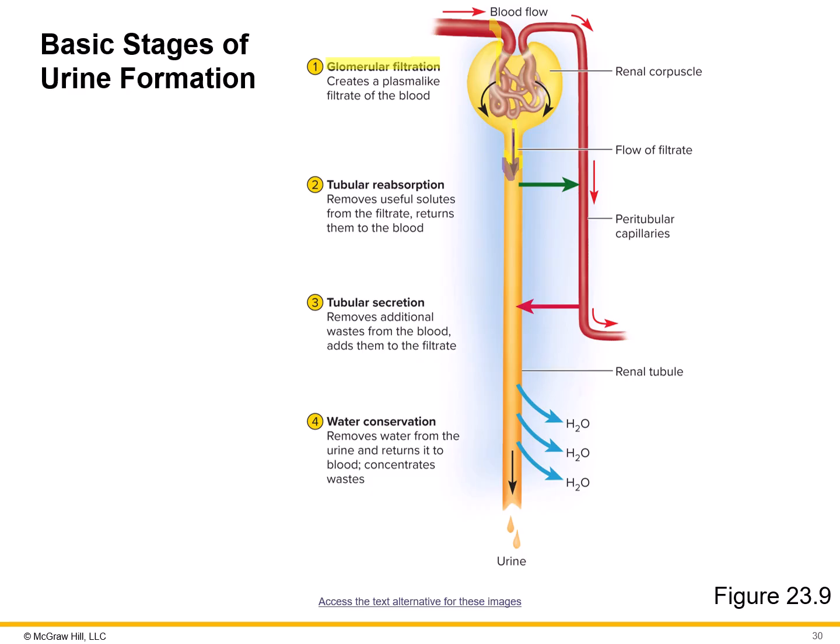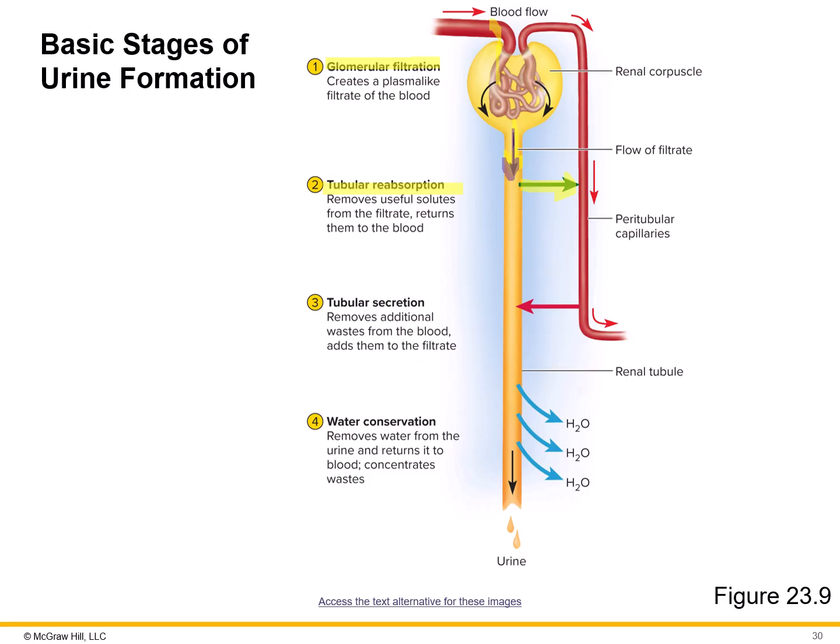Now, that begins step 2, tubular reabsorption. We need to make sure we don't get rid of anything useful. A lot of times we will see reabsorption, bringing back sodium and essential ions, things that we don't want to get rid of but that got accidentally filtered out.